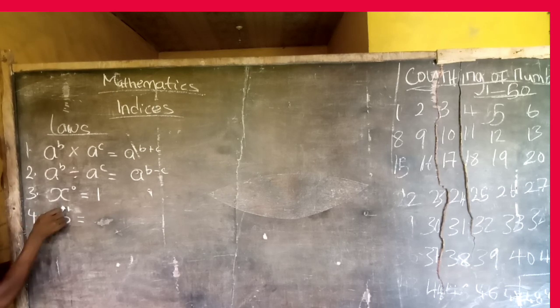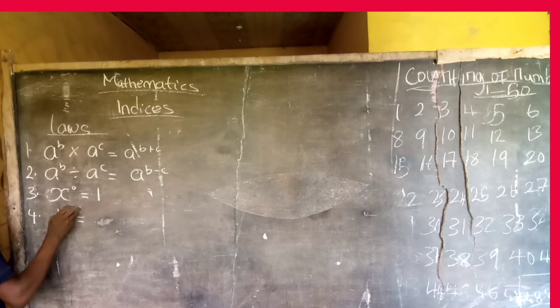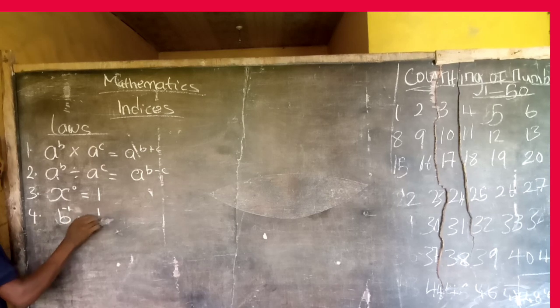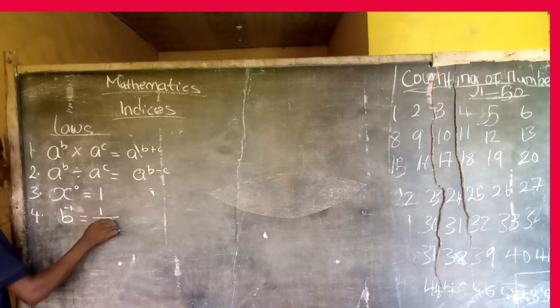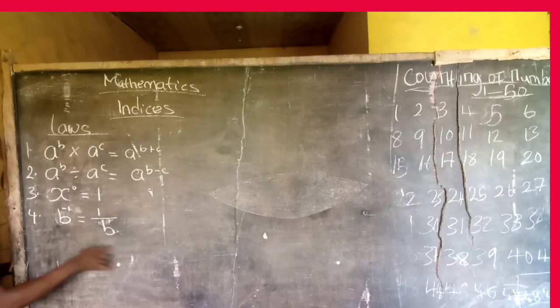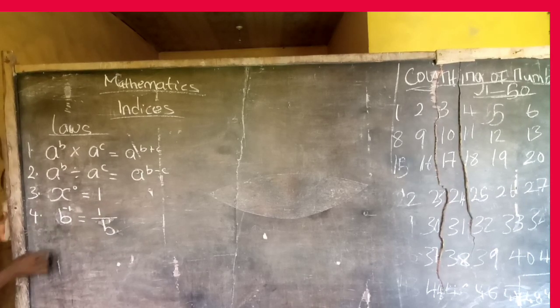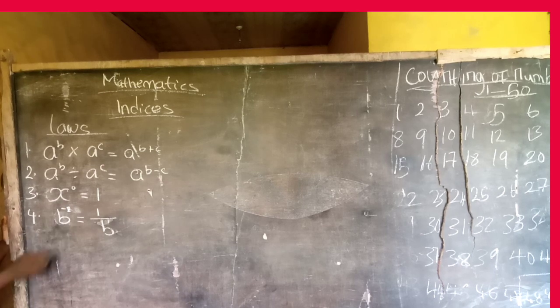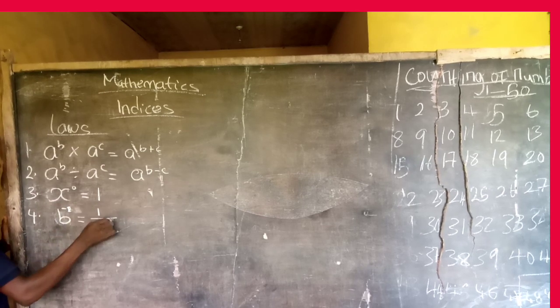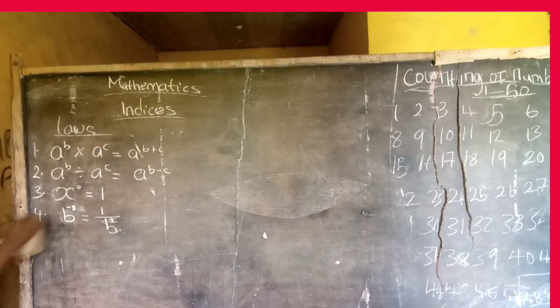So I need to think of how I can eliminate this negative. By reciprocating this value, I get 1 all over b to the power of 1. So when I take it backward, it becomes b to the power of negative 1. What about if it is something like b to the power of negative 2? So it becomes 1 over, did you get?